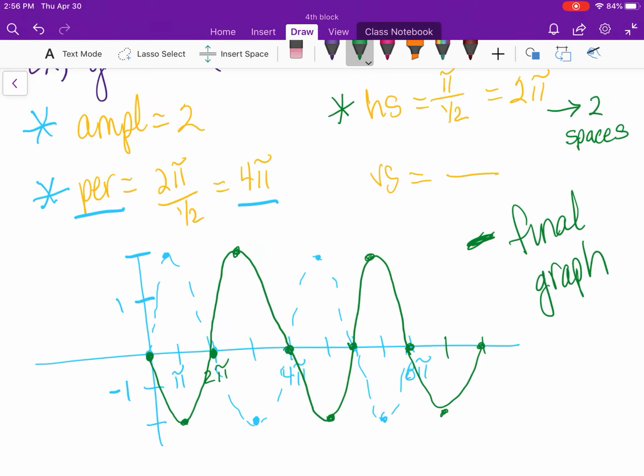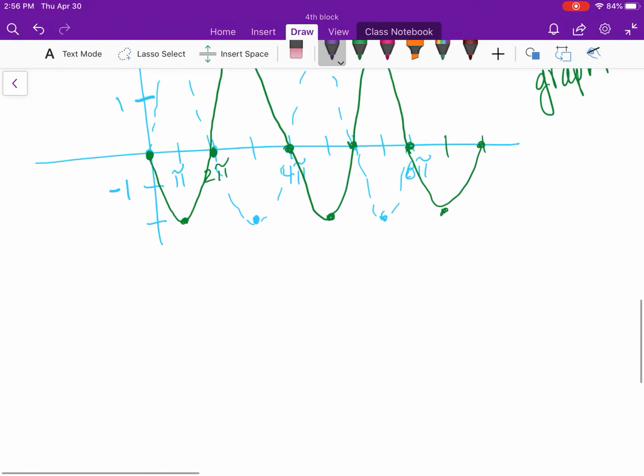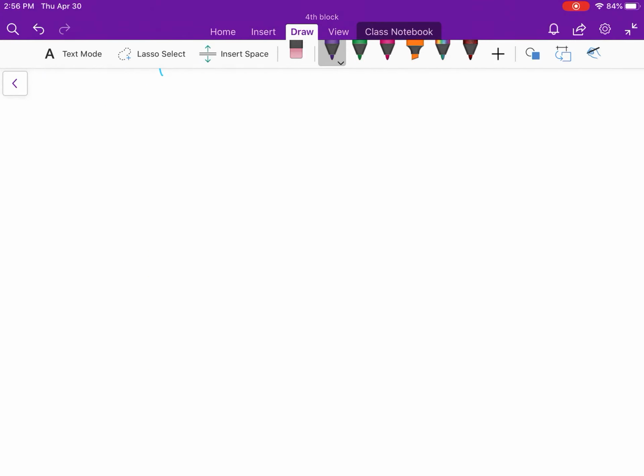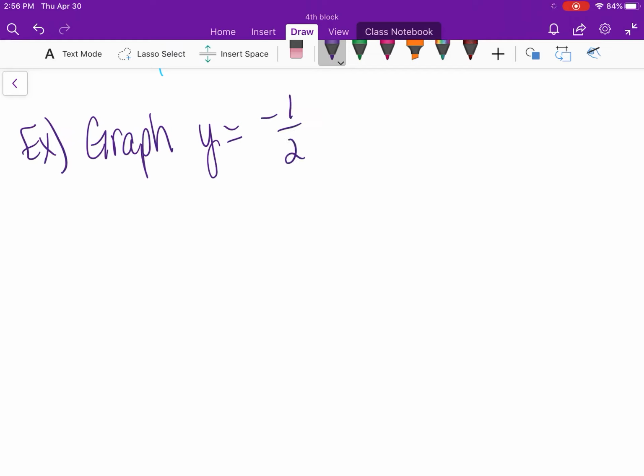Okay, let's look at a cosine graph to make sure you know what to do there. On this example, we want to graph y equals -1/2 cosine of 2x.